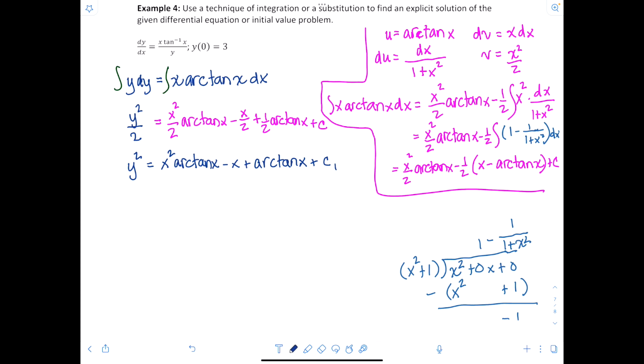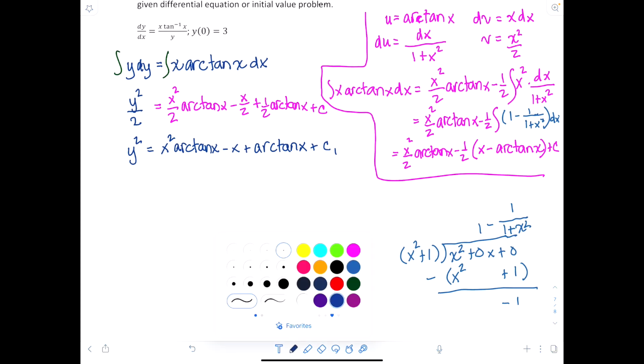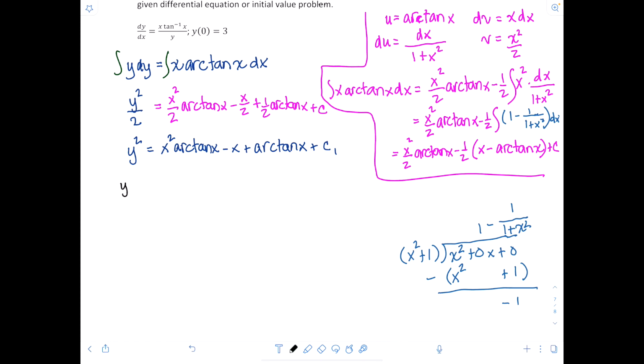And we're done. Done with the integration. Now let's apply our initial value, okay? So y at 0 is 3.